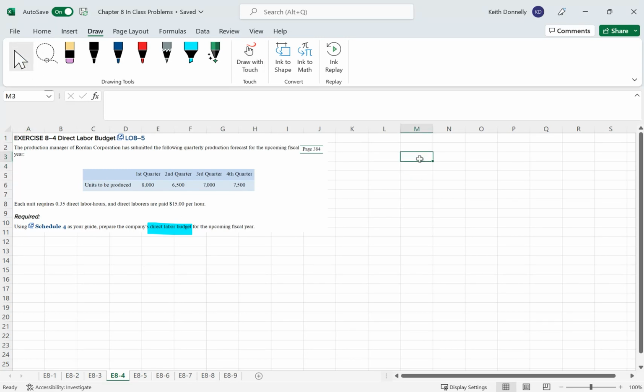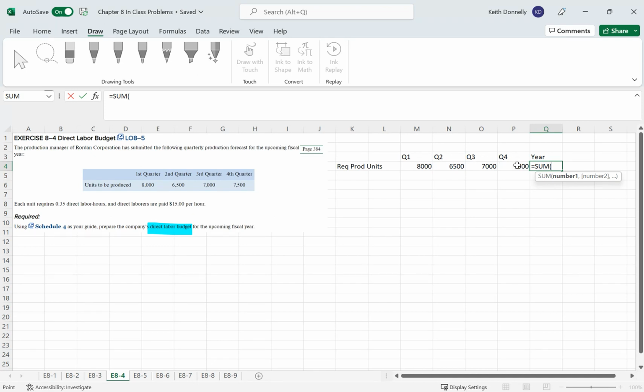Okay, so we have quarter one, quarter two, quarter three, quarter four, and we have for the year. First thing we have to do here is our required production in units. We just snag that right from over there: 8,000, 6,500, 7,000, 7,500.